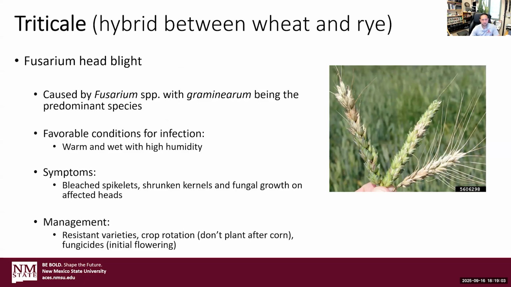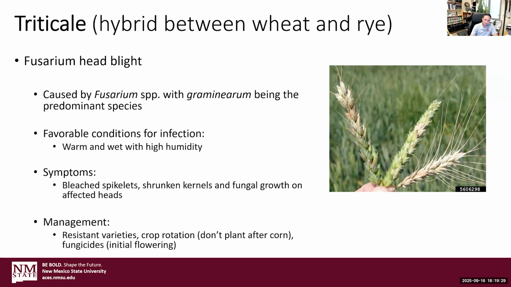Some of the symptoms of infection, so if you're planting triticale as a cover crop and you start to see bleached spikelets or shrunken kernels and fungal growth on the affected heads, like this picture here, maybe you want to submit a sample to us and we'll identify it. And so management strategies: there are resistant varieties, crop rotation.